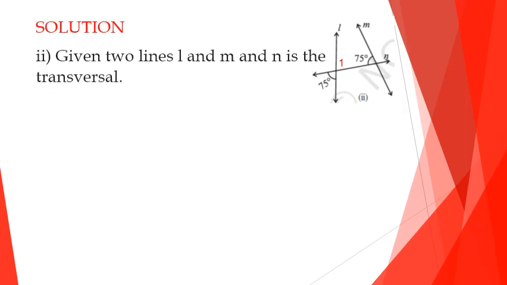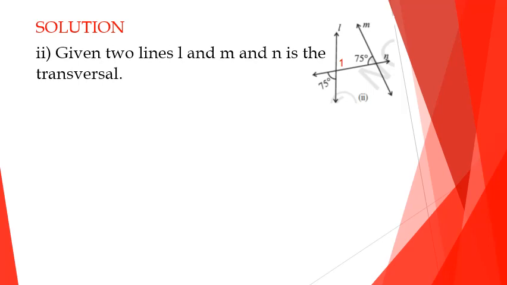In our second question, we have to check whether the given lines L and M are parallel or not. Line L and M are intersected by a transversal N. Are the given angles corresponding angles? No. Are they alternate interior angles?